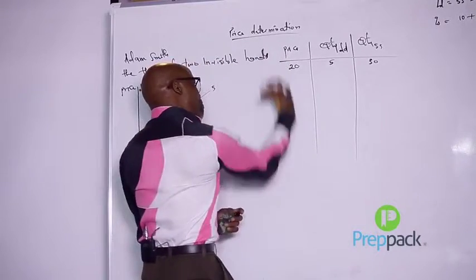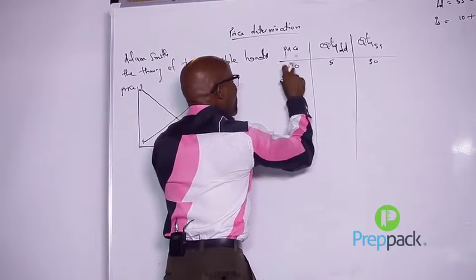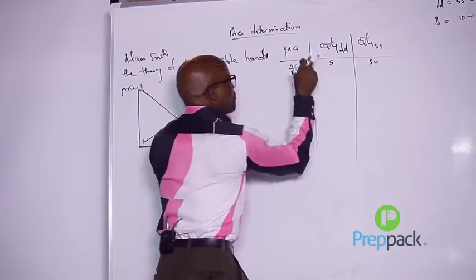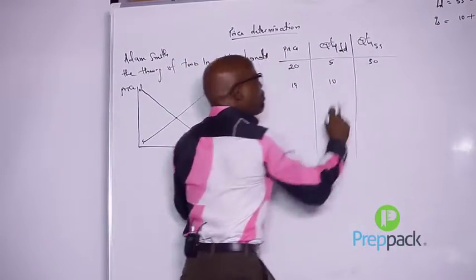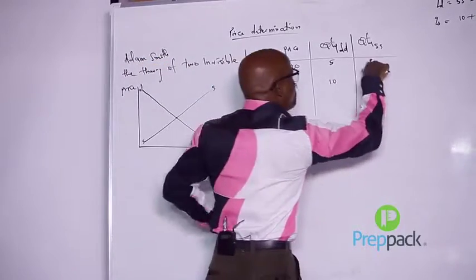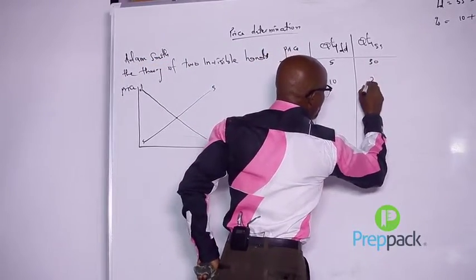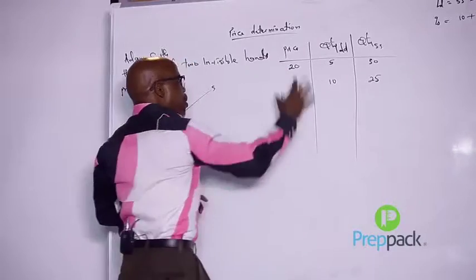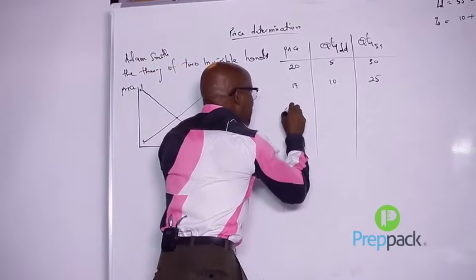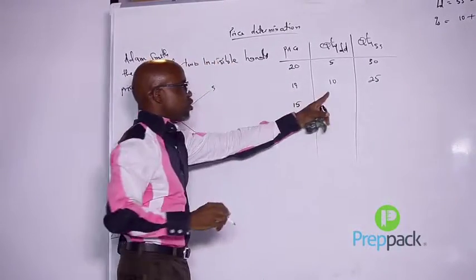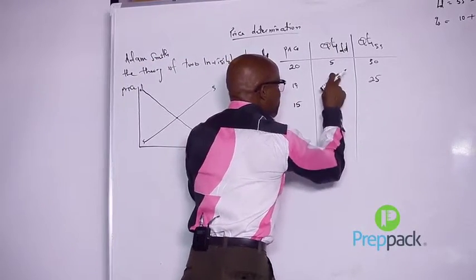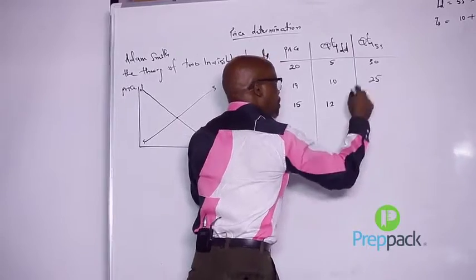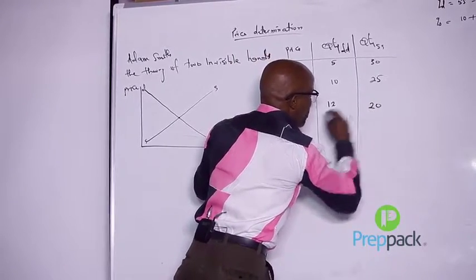But when the price falls from 20 to 18, demand increases from 5 to 10, and supply falls from 30 to probably 25. When the price falls again from 18 naira to 15 naira, demand increases from 10 to 12, while supply falls from 25 to probably 20.